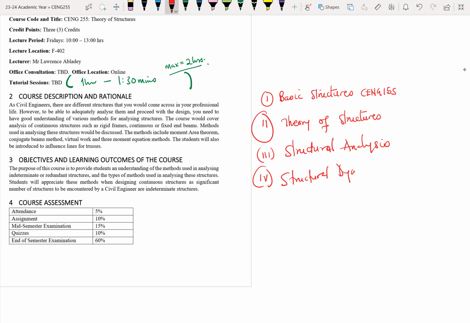Structural dynamics. Okay, so that's again structural analysis, but this is more like an advanced version where you are focusing more on earthquake, seismic behavior, and all of that.